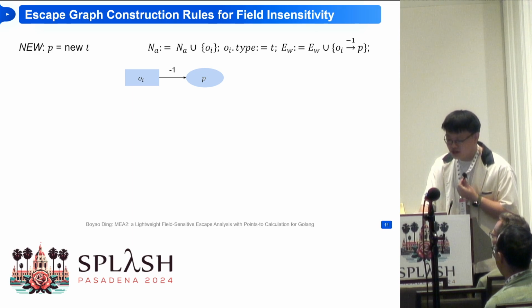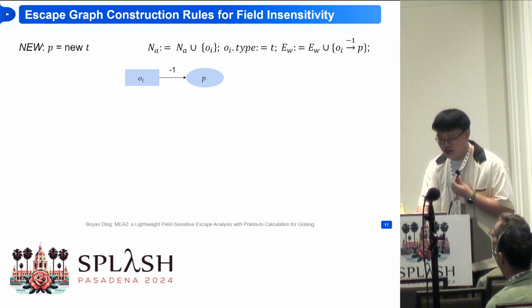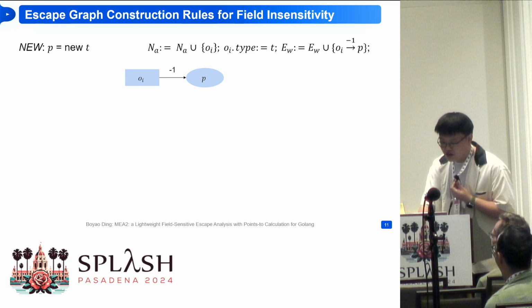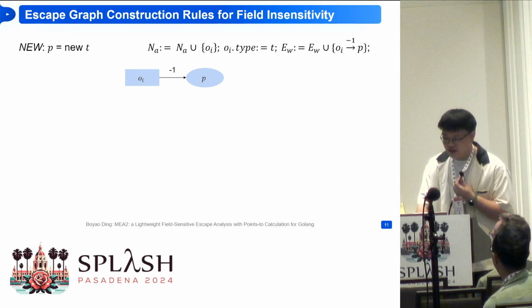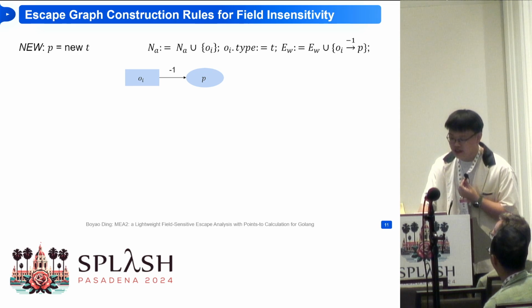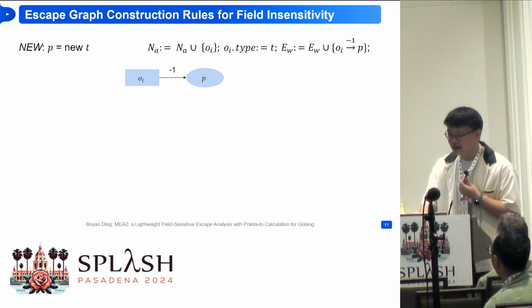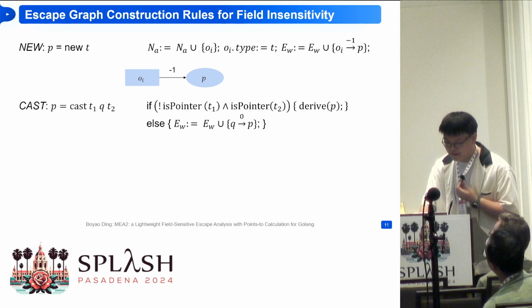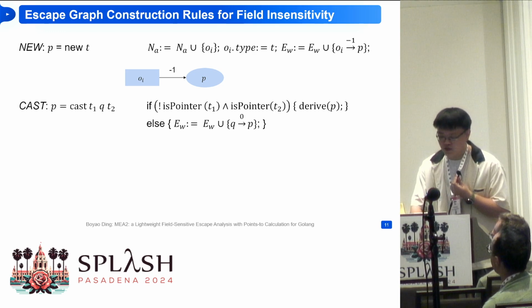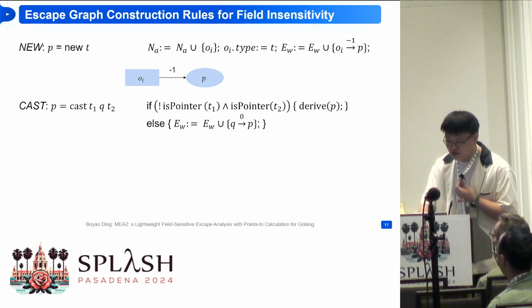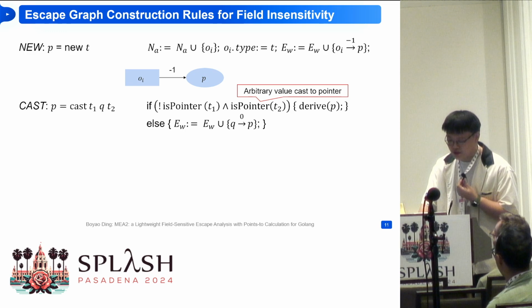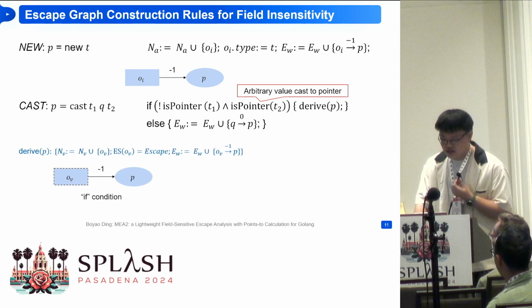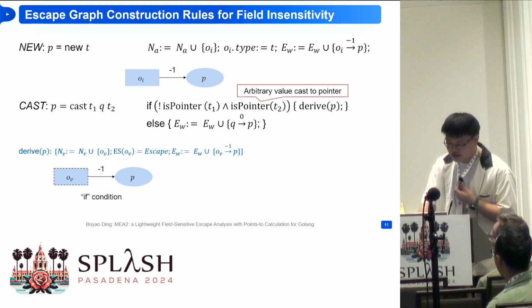For the new instruction, assuming the object being allocated here is OI, we will add a flow edge with a weight of -1 to indicate that the address of OI is assigned to P. For the cast instruction, when P is a pointer type and Q is not, this can be considered as converting an arbitrary value into a pointer, and we perform a derive operation on P. The derive operation is used to represent unknown pointee.